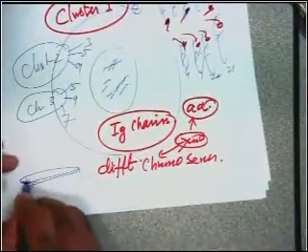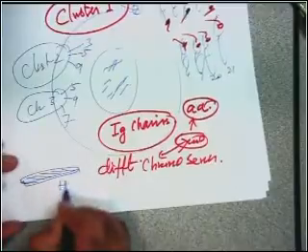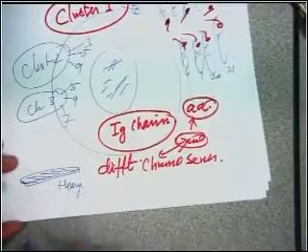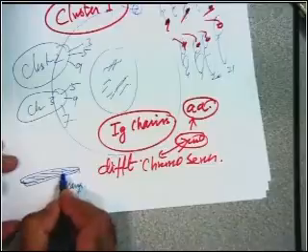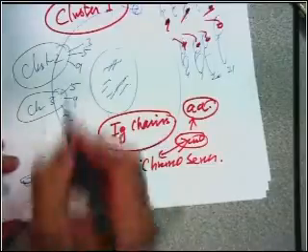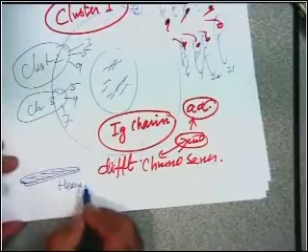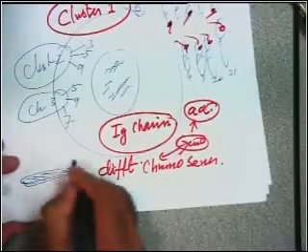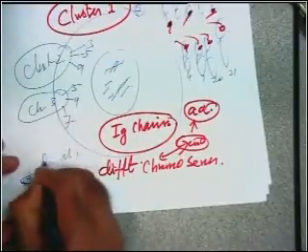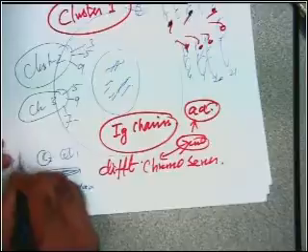This is one chain, for example the heavy chain. It will have different clusters. So this amino acid sequence is coming from cluster 1, cluster 2, and cluster 3.